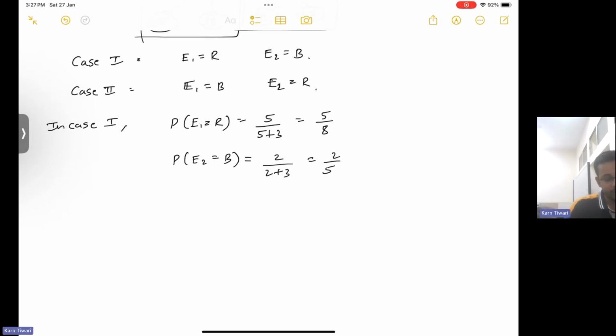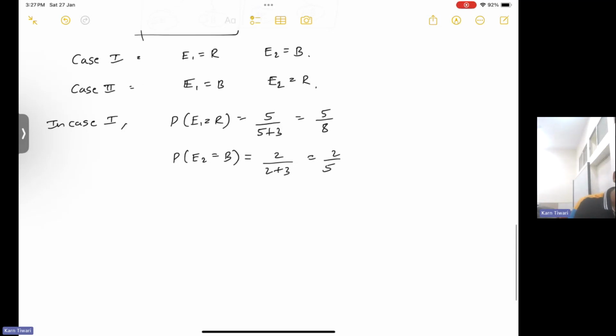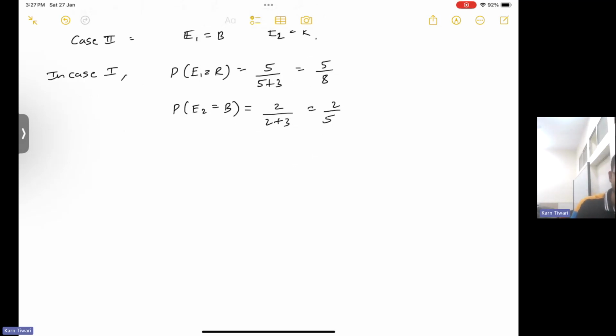Now each one of them is an individual event. Selecting a ball from E1 does not affect E2. So they are independent events.